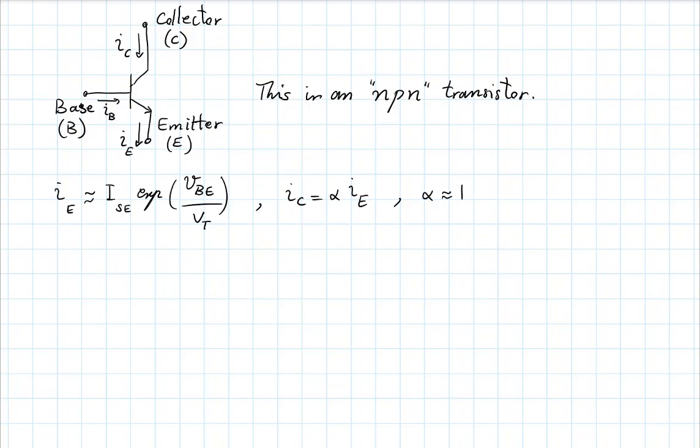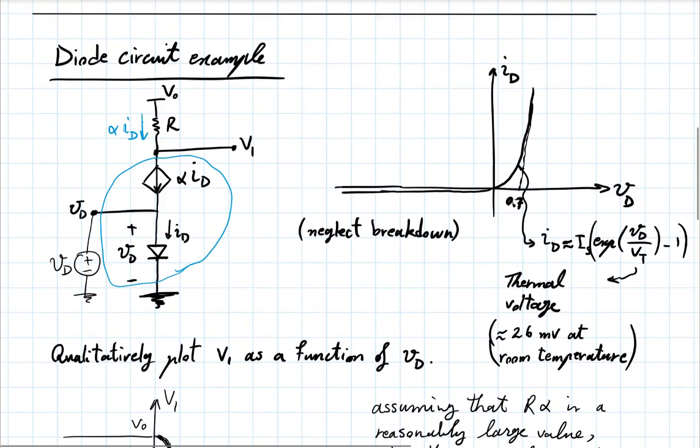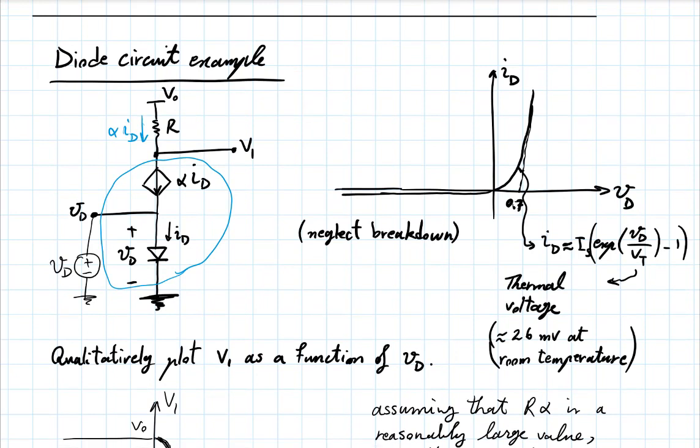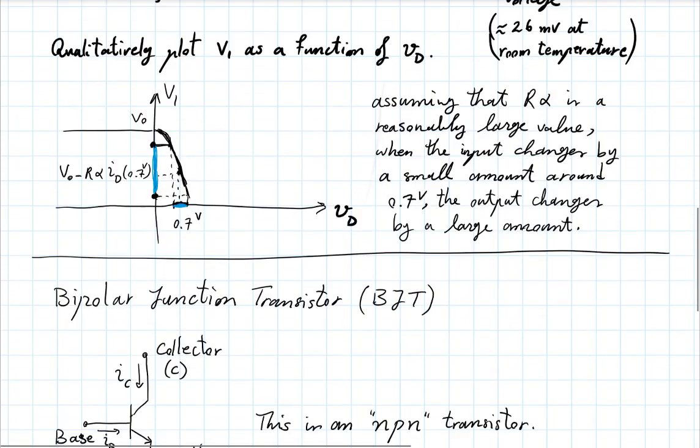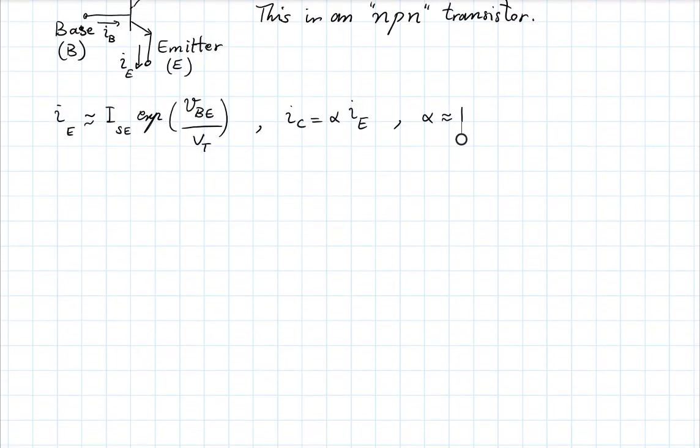So imagine if you have grounded your emitter, like we had done here, and you apply the base voltage of about 0.7, that alpha is approximately equal to 1, as long as your collector voltage, V1, is not dropping far below 0.7 volts. Okay, if it goes to 0.6, it's okay. 0.5, it's okay. 0.4, 0.3, it's starting to not become okay.